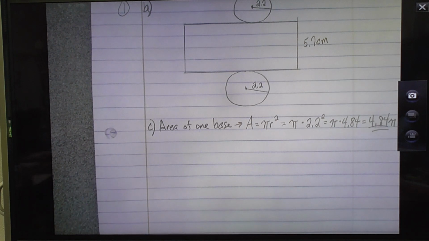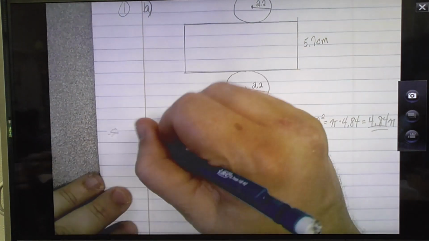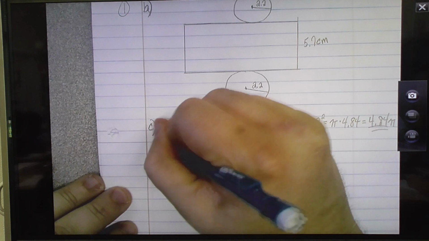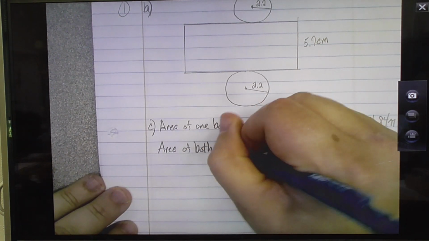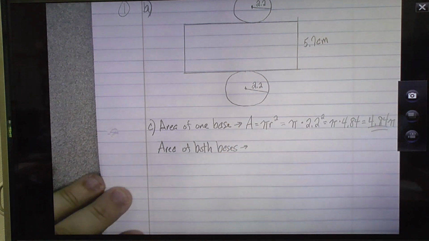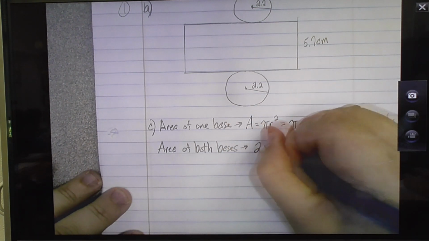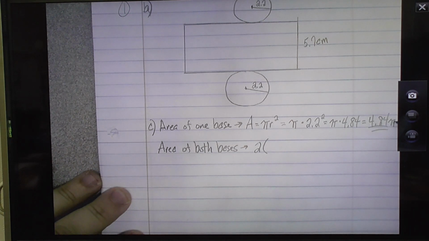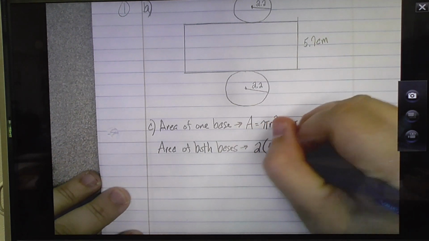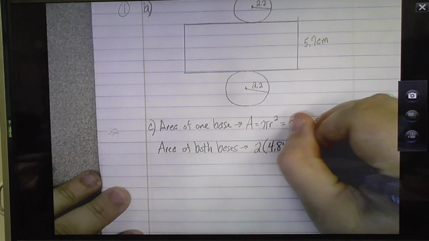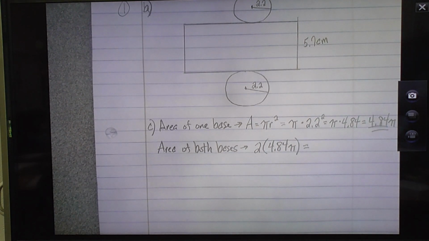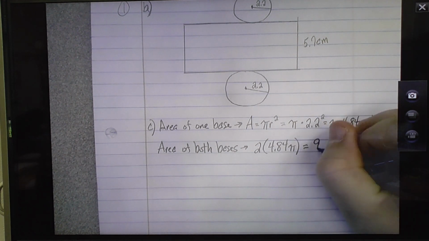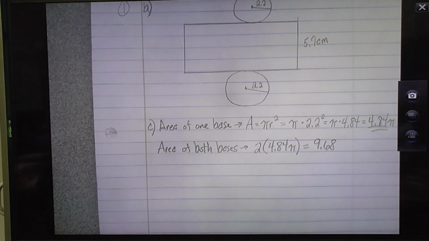So now to find both of them, I'm going to times it by 2, right? So that's my next step. I'm going to do the area of both bases. And just like Ayana said, I'm going to do 2 times the area of the one base. So 2 times 4.84 pi. When I do that, 2 times 4.84, I get 9.68.